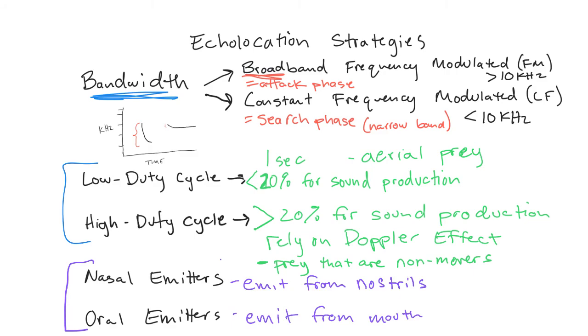Again, nasal emitters are mostly frugivores. And oral emitters are mostly insectivores.